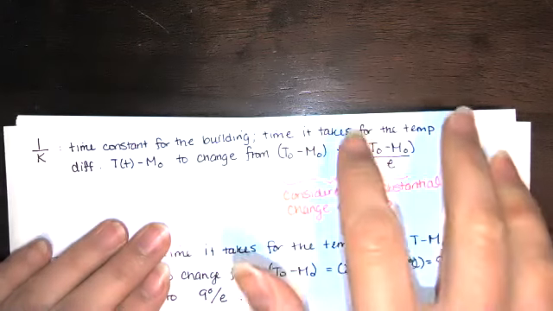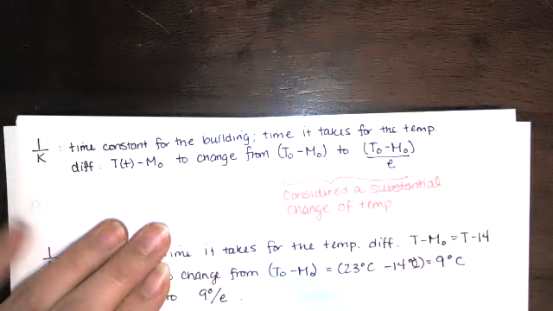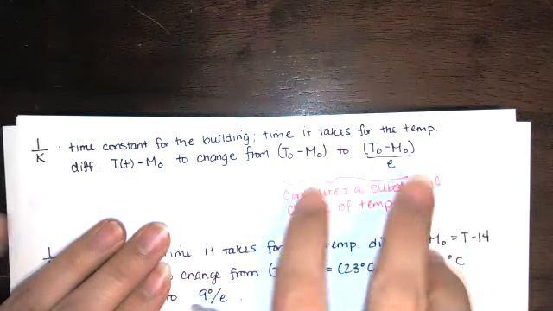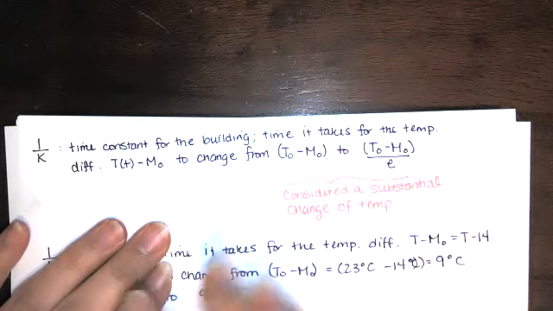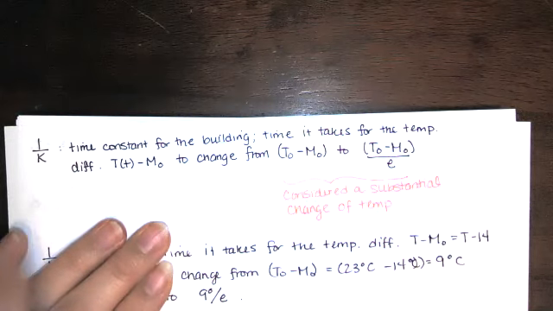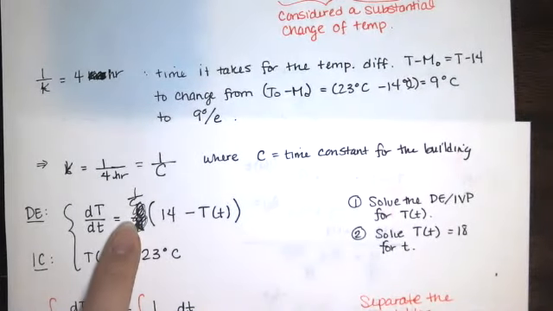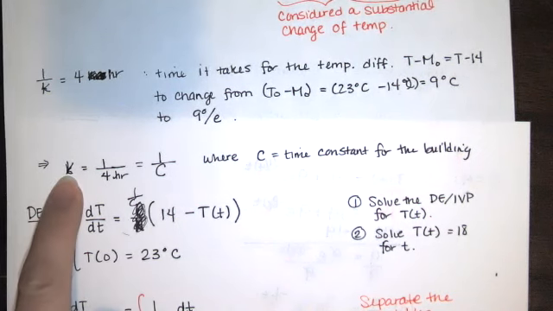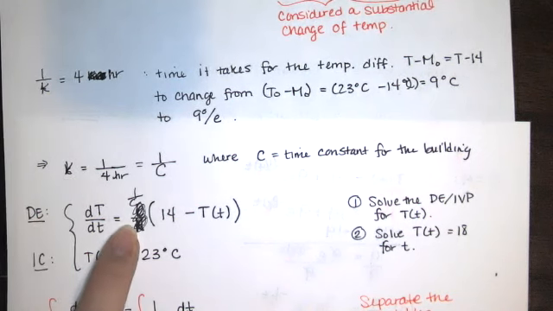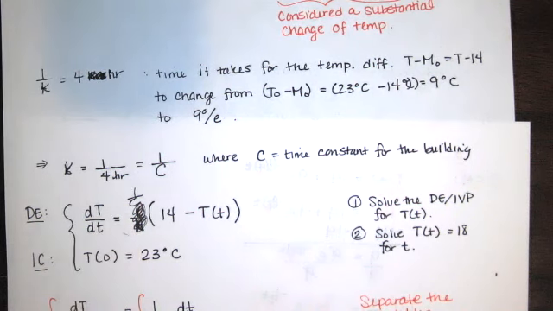That's our measure of substantial change, and it characterizes the building, and it's given by 1 over k, where k is the constant in that differential equation. So if the time constant is c, the constant of proportionality k is equal to 1 over c.